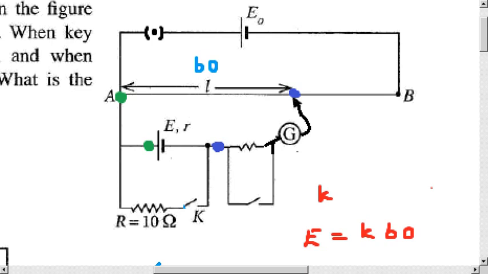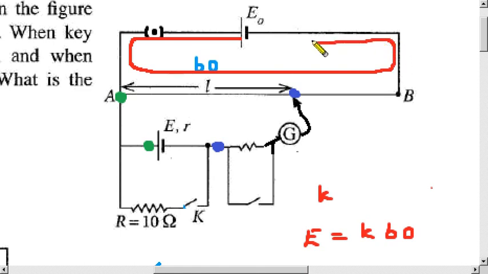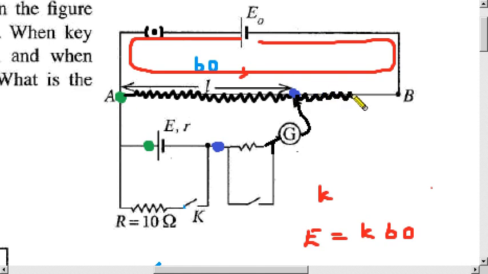So when the switch is on continuously, there is a current along this loop like this. So this wire is a resistor wire. It has a resistance. Therefore there is a potential difference.